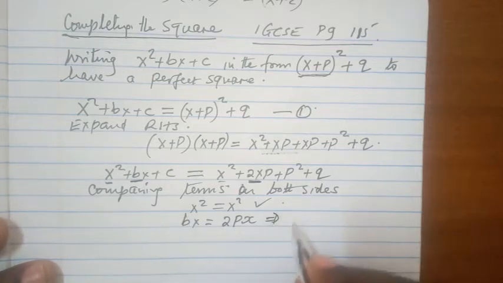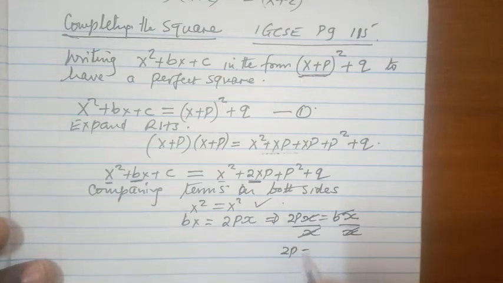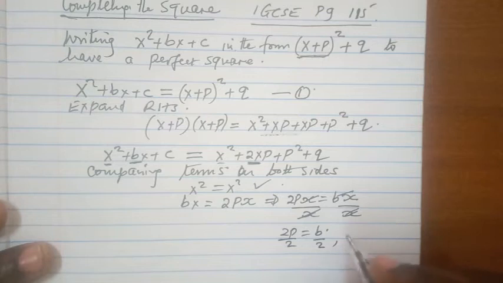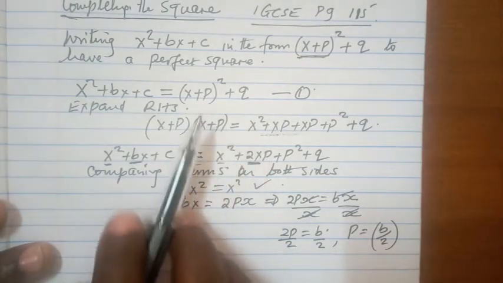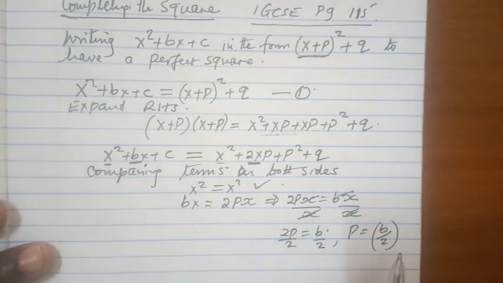If 2px is equal to bx, we divide by x on both sides, that one goes away, and we are left with 2p equals b. Then we can divide by 2 on both sides, and we easily see that p is equal to b over 2. You can see where our p is situated: p is b over 2.